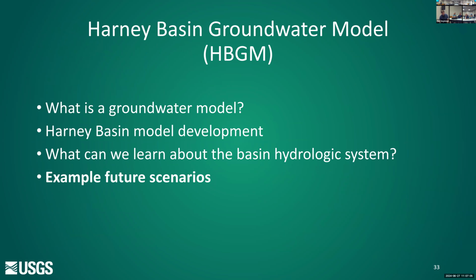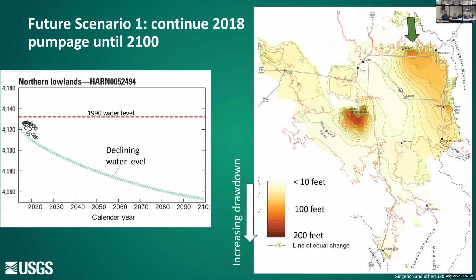Okay, our last little piece then would be the future scenarios. This is where the model can be powerful, but also you could come up with an infinite number of future things to look at. What if we change this well or that well? I've done many projects like this, and sometimes you come up with, well, what if you pumped here?